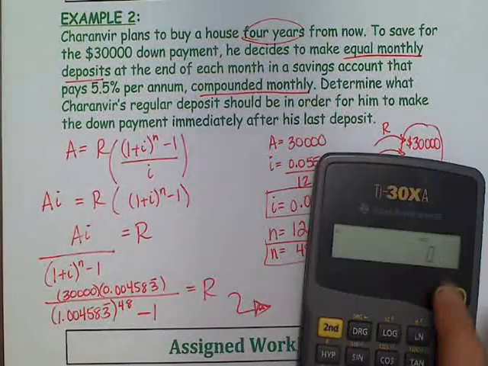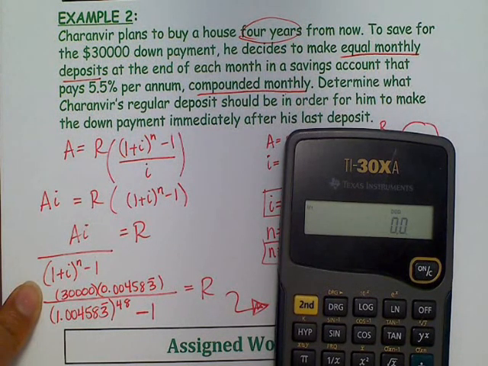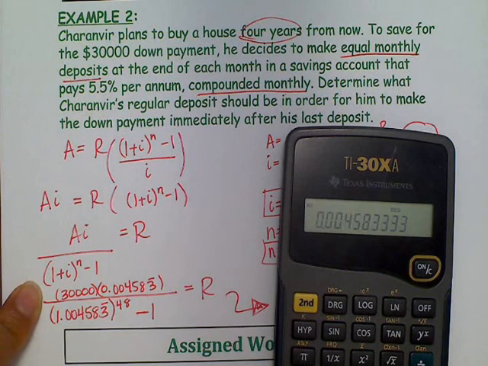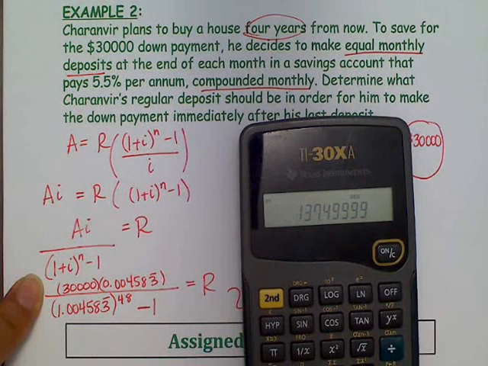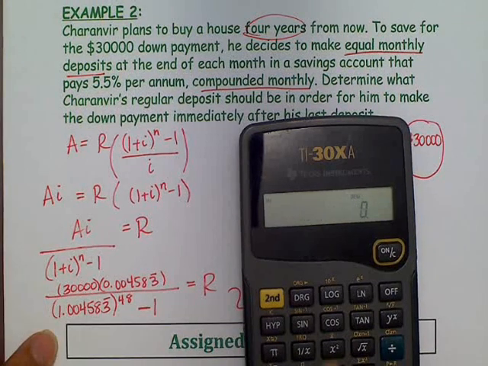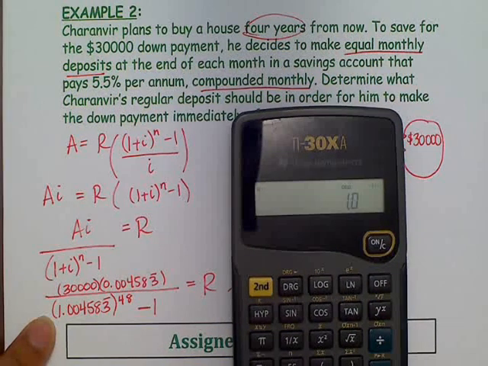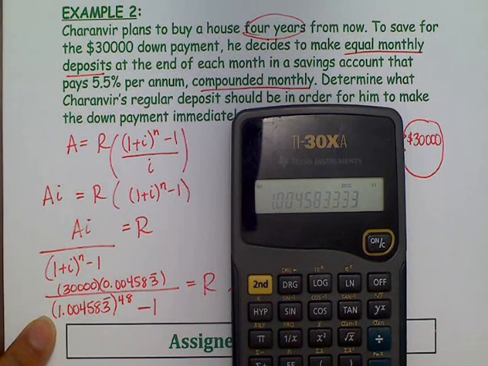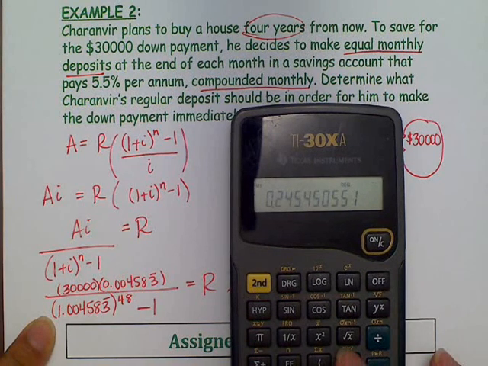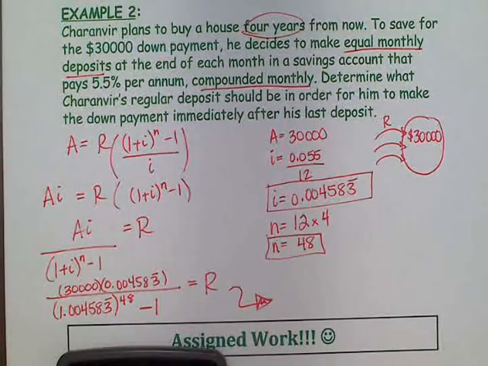So I've just plugged in the numbers and I'm just going to solve for R. So in the numerator I have 30,000 times 0.00458. I'm going to try to put as many 3's as I can so that my answer is as accurate as we can get it. And that's the numerator, divided by, so in the denominator I have to put brackets since there's several things going on here. And I have 1.004583333 to the exponent 48, and then subtract 1, closing bracket, and that's the denominator value, and then equals.